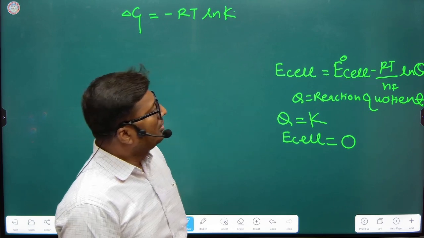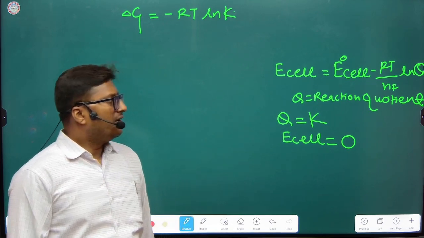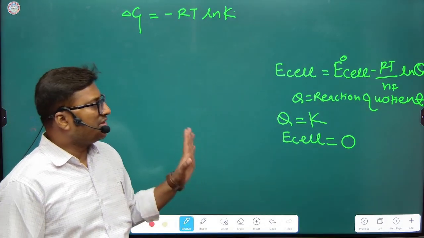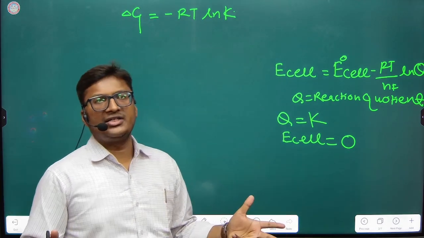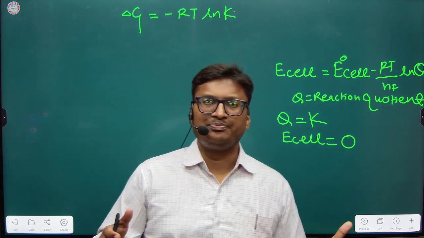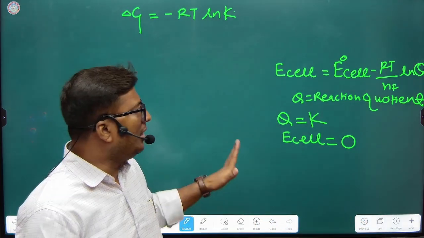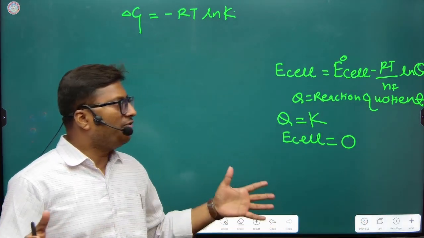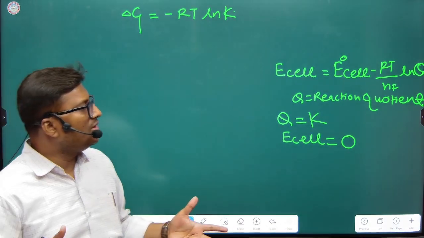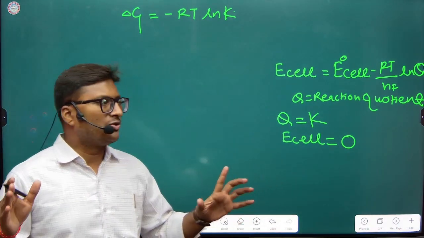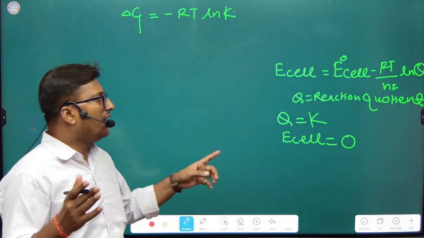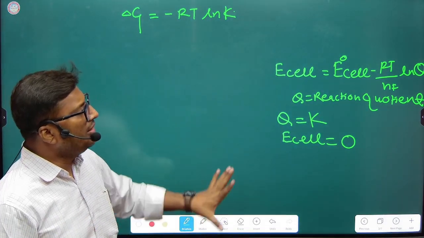Once the electrochemical cell reaches the equilibrium state, the forward reaction and backward reaction are in equilibrium, or the rate of forward reaction is just equal to the rate of backward reaction. So they exactly cancel each other, and the resultant cell potential will be 0.